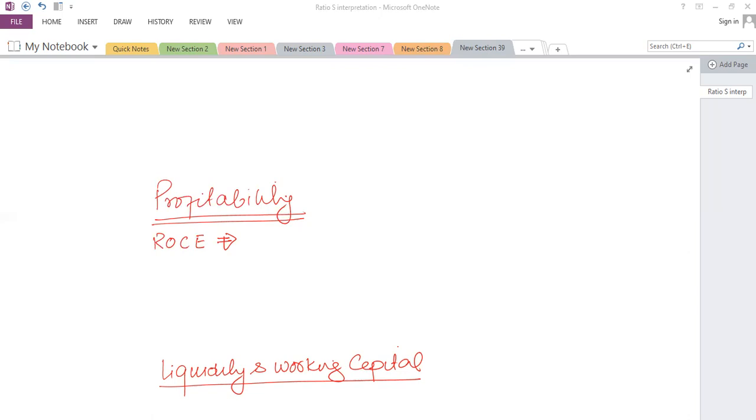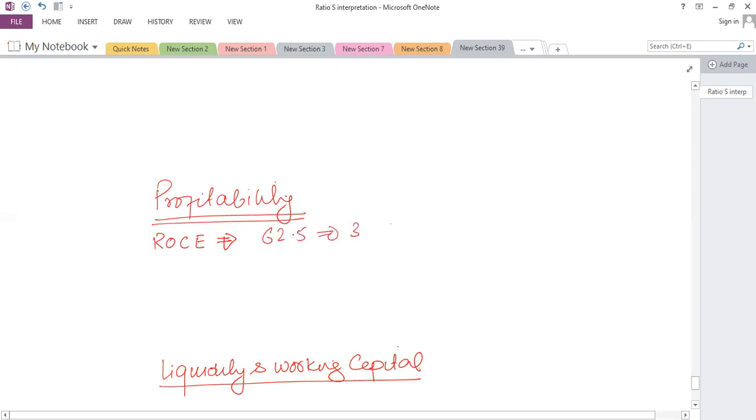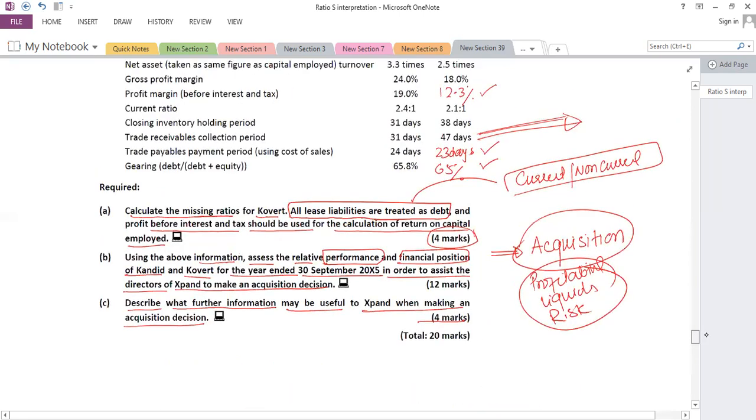Now we can see here 62.5%, right? 62.5% versus 31% something.